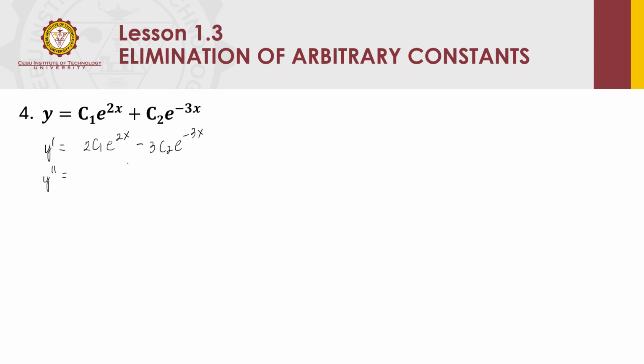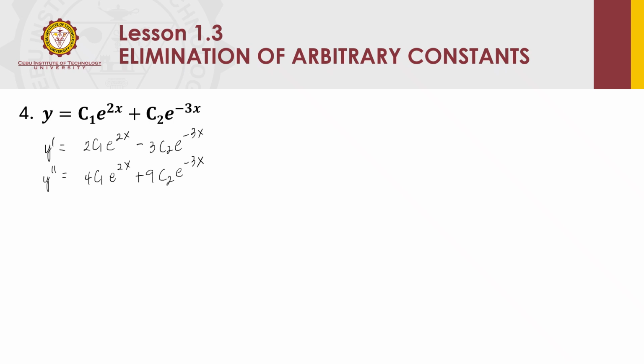So for the first term, we have 4 C1 e to the 2x. And for the second term, it's plus 9 C2 e to the negative 3x. So we need to stop here because again, the DE should be of second order.